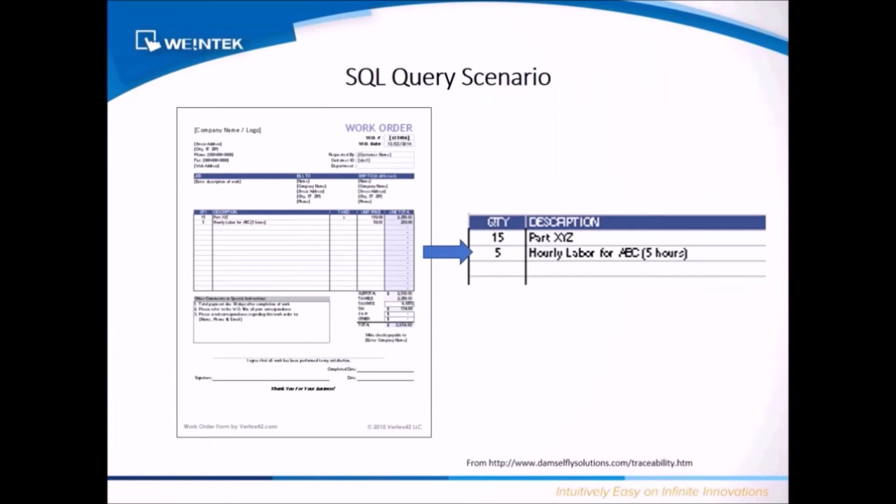Or if you have a standalone machine and you want to tell the operator what they have to build or make for the day, you can save those work orders on the database, and then the machine will retrieve this work order. Then the operator will be able to see what they really need for the day.